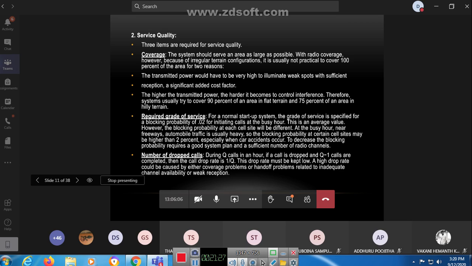It specifies the initiating calls. Suppose you want to make a call to a person, and at that time the other side phone is very busy. How do you handle it? You wait some time and retry the call. At that time also it will be busy.